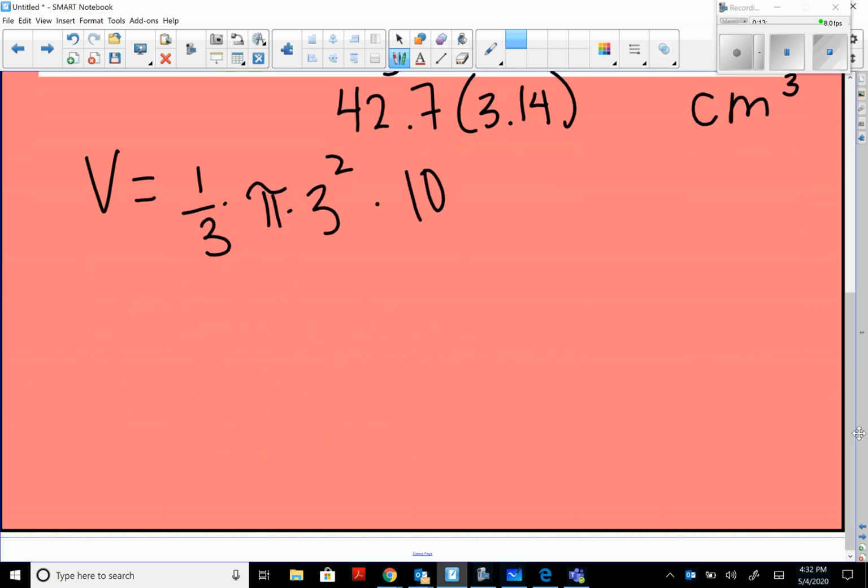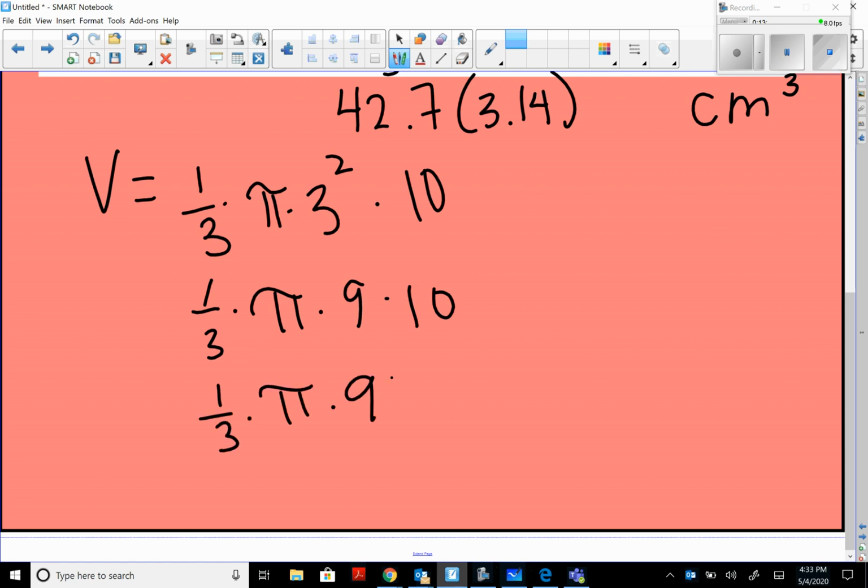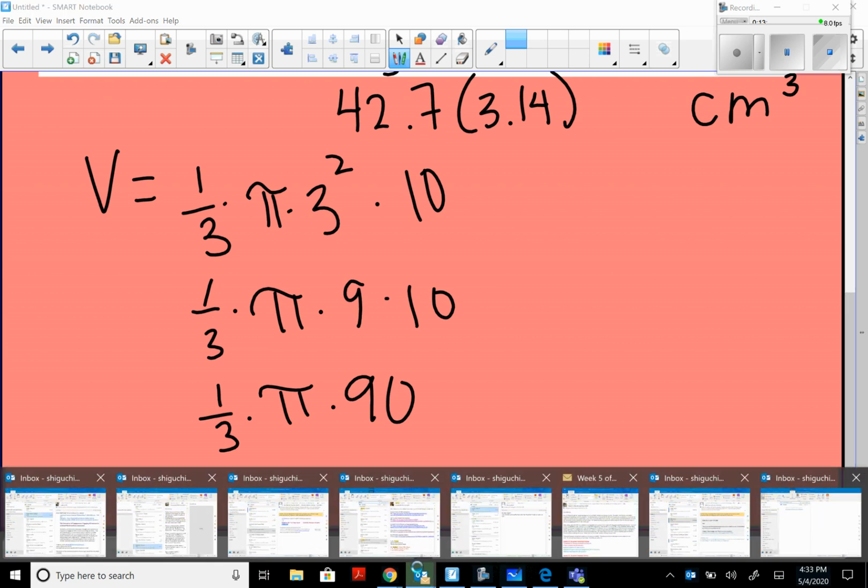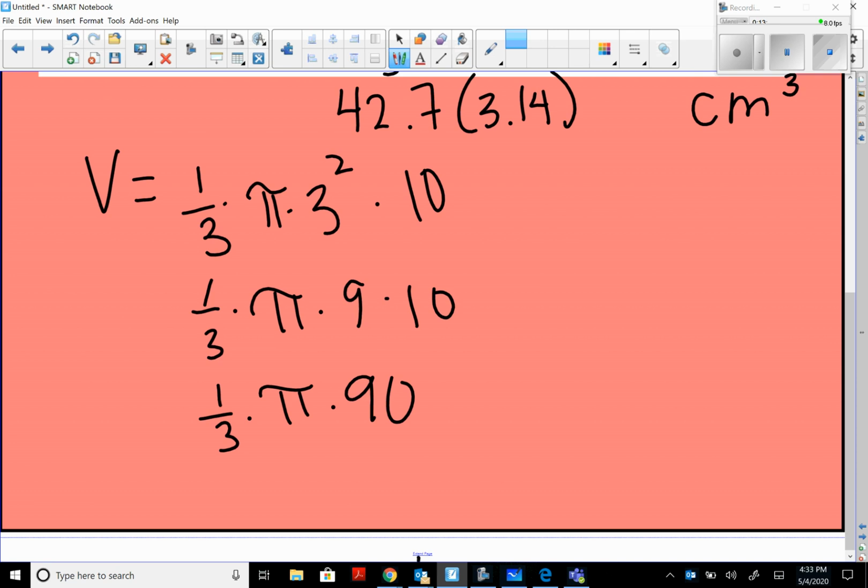So let's go ahead and simplify that exponent. 1/3 times pi times 9, because 3 squared is 9, times 10. 9 times 10 is 90, and I'll go ahead and write that step just so you can see what I'm doing. 90 times 1/3 is the same thing as 90 divided by 3, which is 30. So I end with 30 pi.